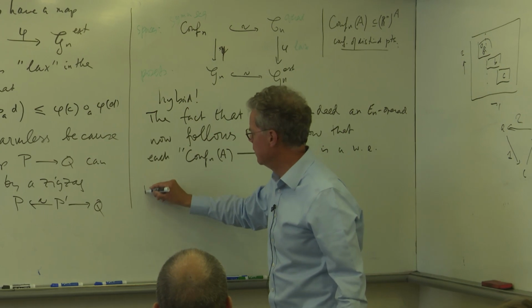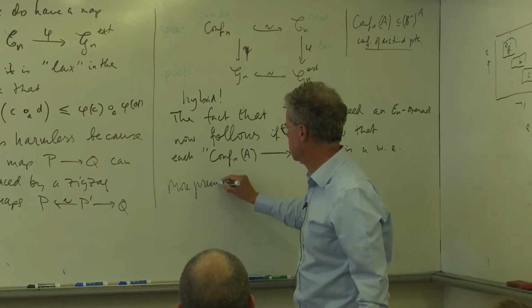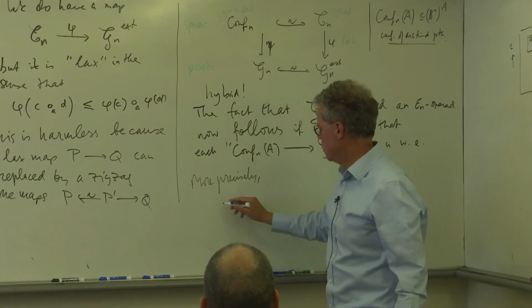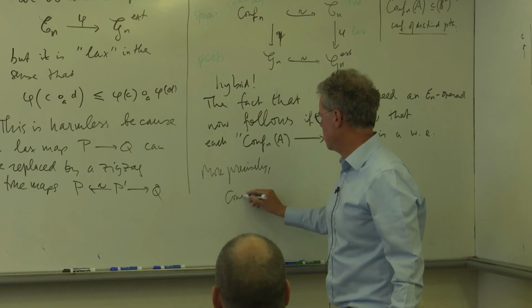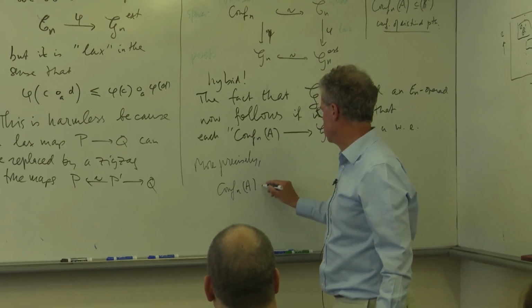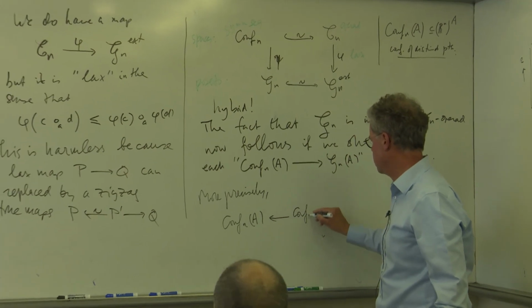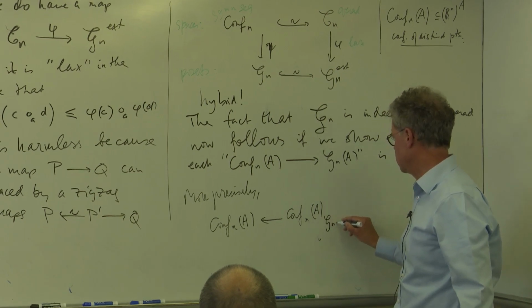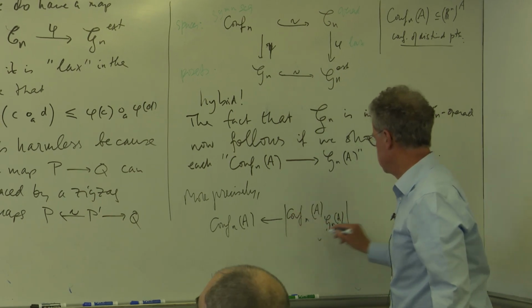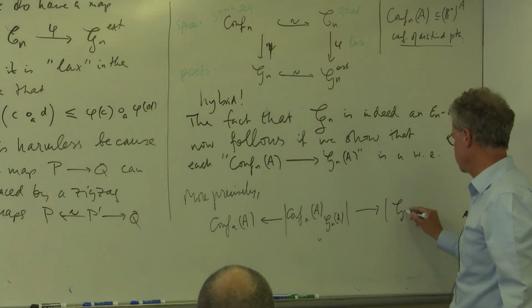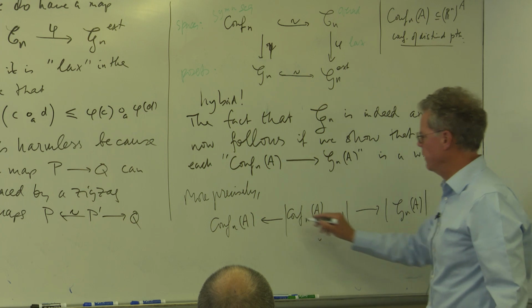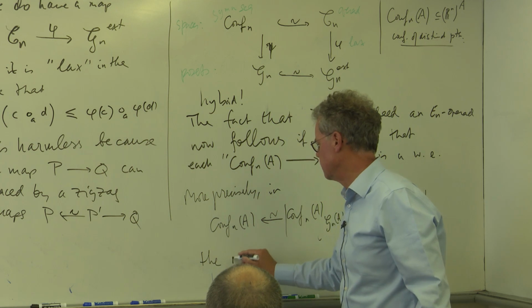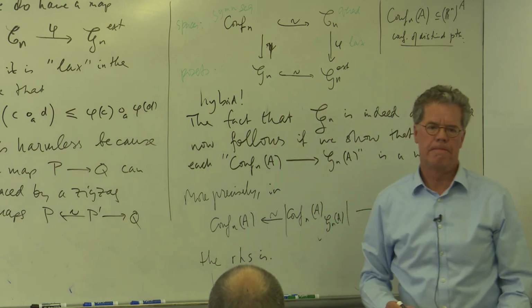More precisely, in the notation on the left-hand top, Conf_n(A) maps to the classifying space of this partially ordered set, and I put the poset as a subindex, so this is my P. And this is always a weak equivalence, more precisely the right-hand side is. Okay?